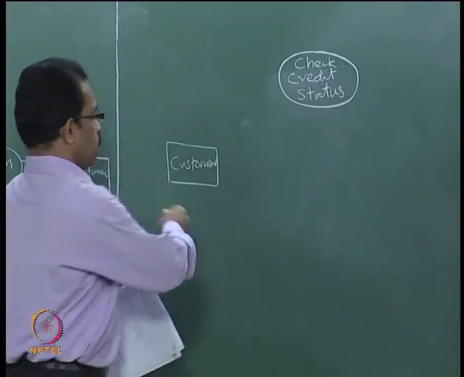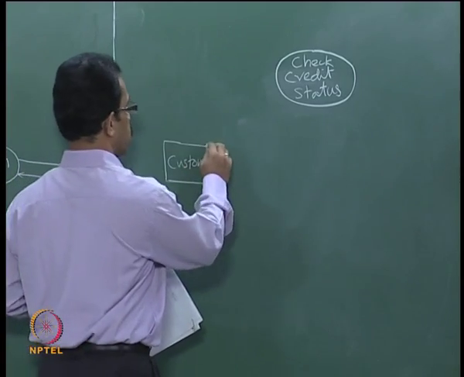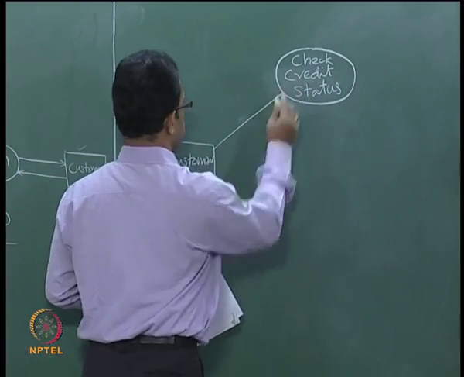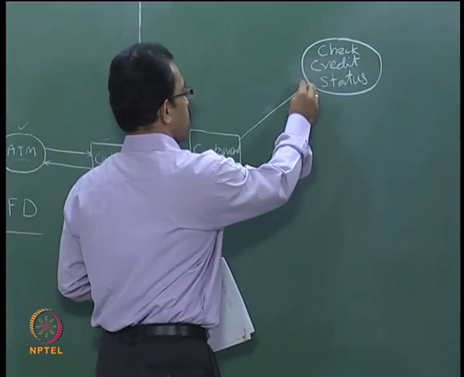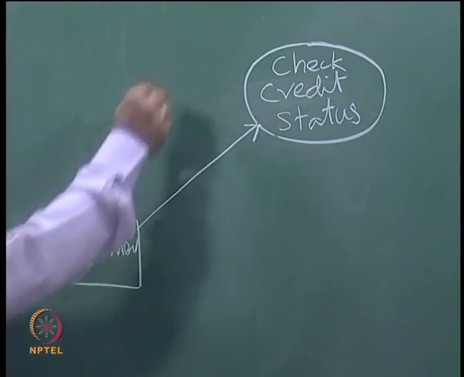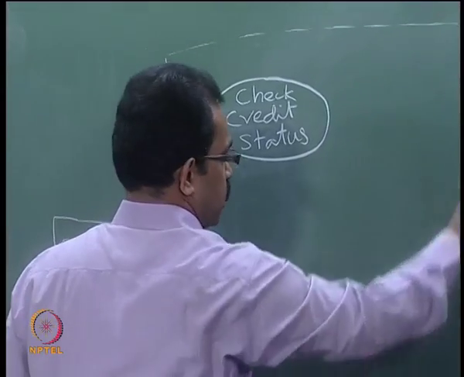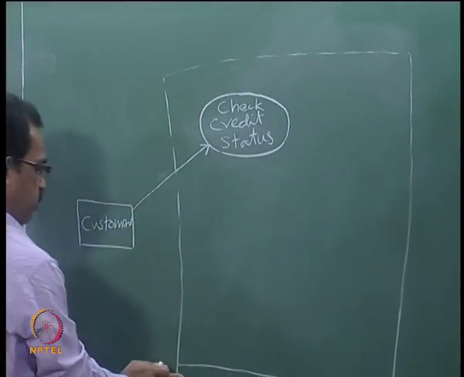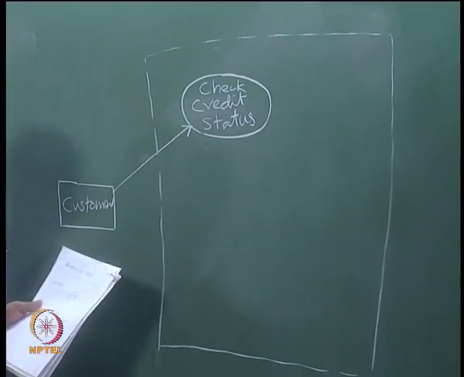That is one function. Whenever the customer wants to have a transaction, or when he places an order, customer makes an online order through credit cards, there will be a credit checking by the system. So if you represent the whole processing system inside a box, you can see there are multiple functions. One function is to basically check the credit status.